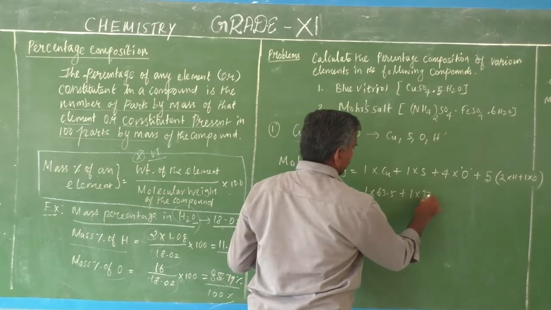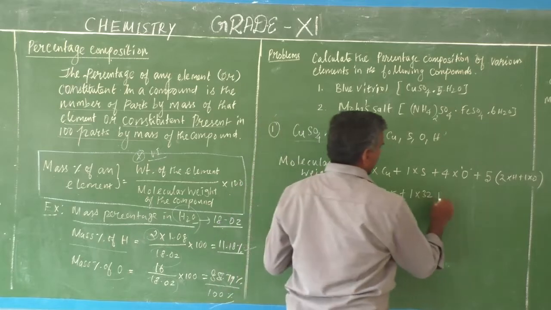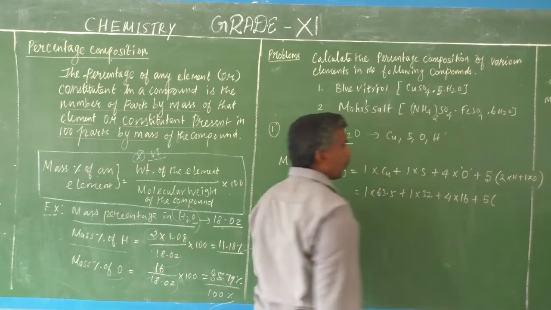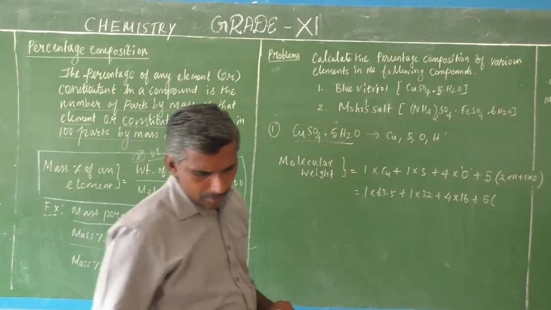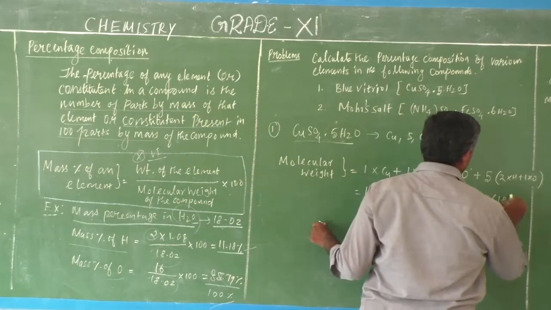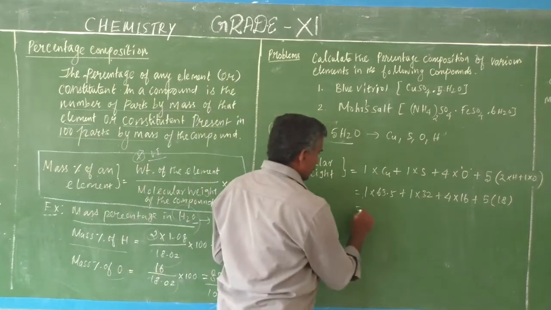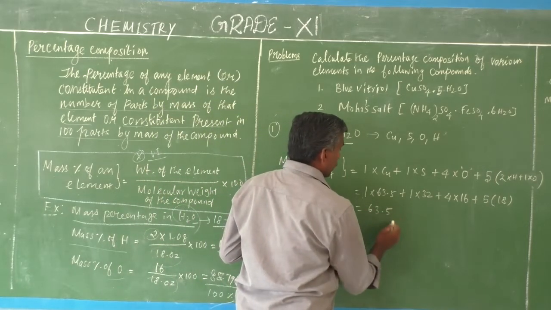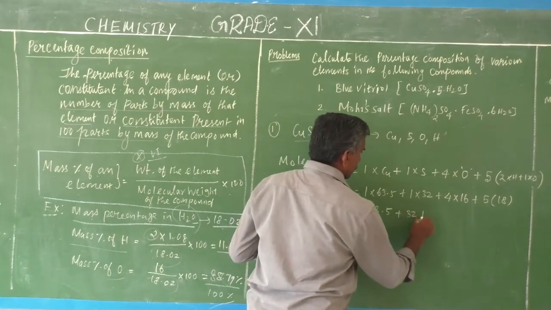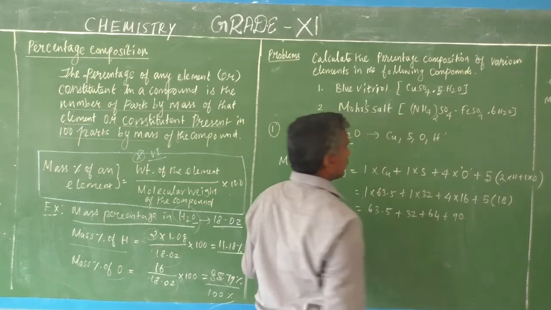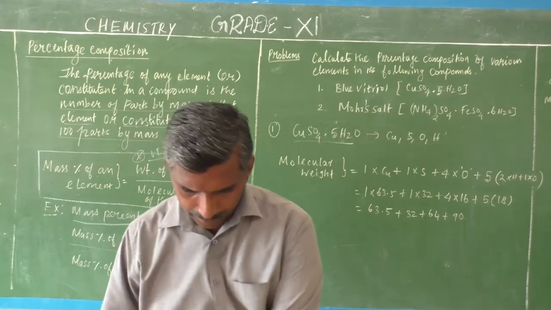Sulfur mass is 32. Oxygen mass 4 into 16 is 64. What is the water mass? Water mass is 18, so 5 into 18 is 90. So 63.5, 32, 64, 90.